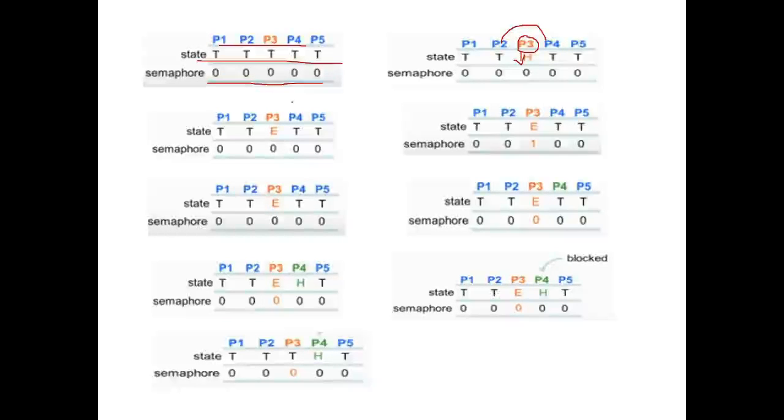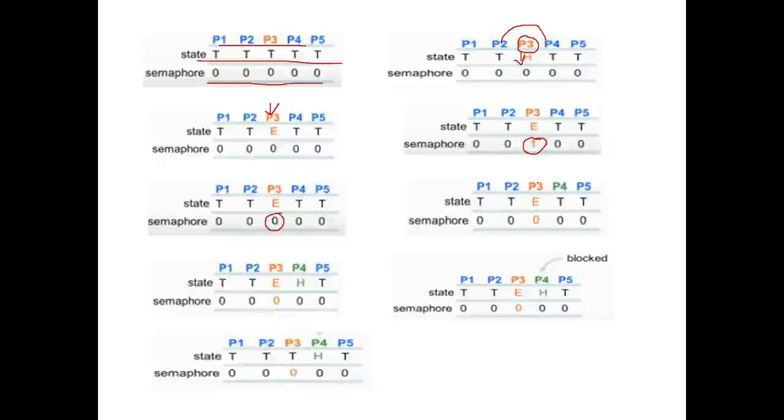If the neighbors are not eating, then it is going to change its state to eating, and then it is going to increment to show that currently there is one process eating, and when it finishes it is going to make it back to 0 so that another process can start eating.